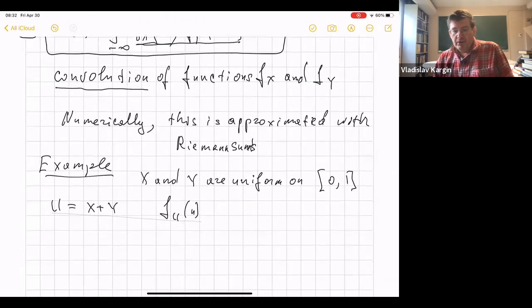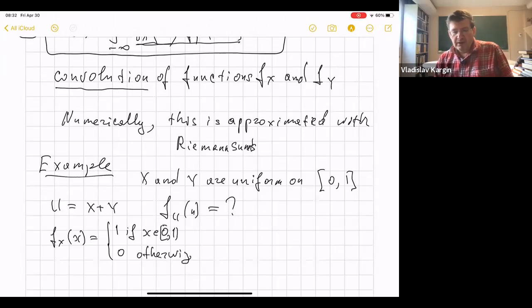So we know that f of x is equal to 1 if x belongs to 0 and 1, and 0 otherwise. And similar for f of y, because it's uniform.